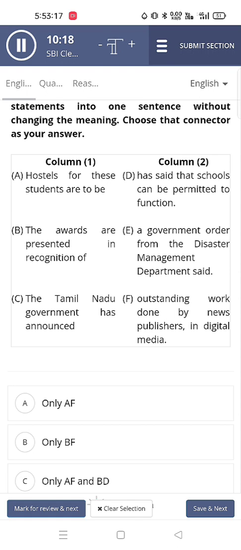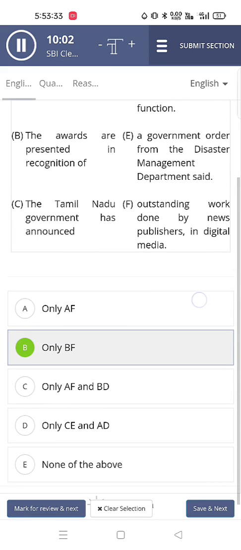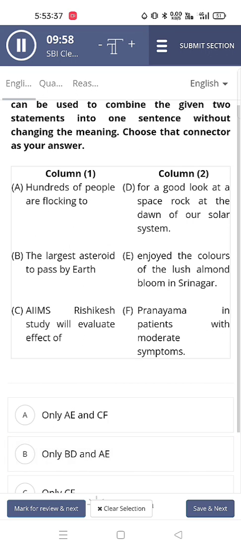The awards are presented in recognition of, has said a government order from the Disaster Management Department. A recognition of outstanding work done by news publishers in digital media. I think B and F should be a pair. Yes. So we will mark this, and this is the answer.